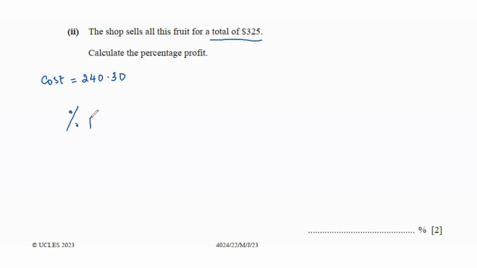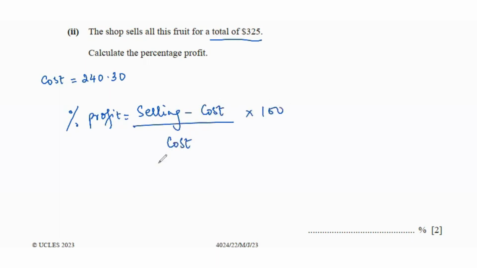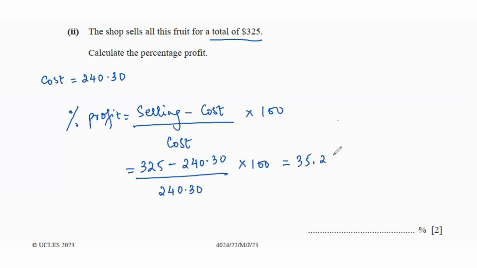So for your percentage profit, we'll do selling minus the cost divided by the cost times 100. So selling price is 325, cost is 240.30, divided by 240.30 times 100, 35.2%.